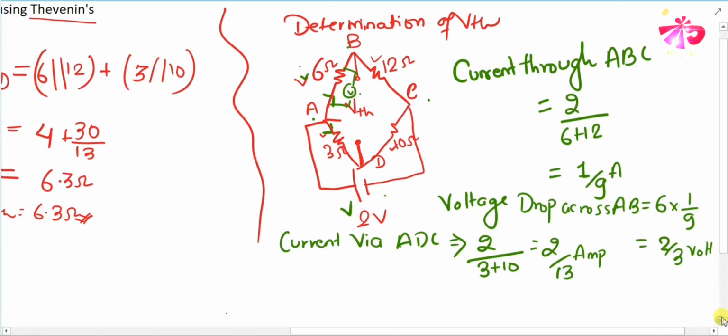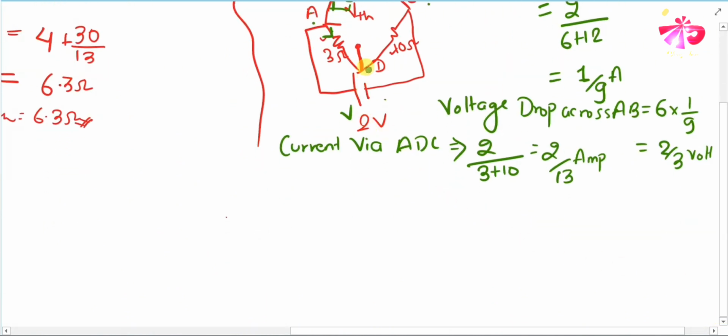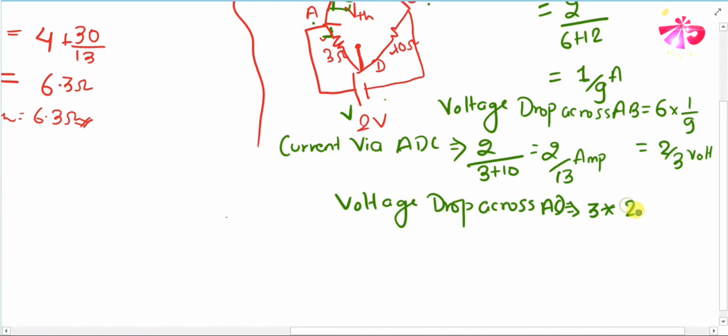After identifying the value of current, you can again identify the voltage drop across AD. Similar concept, R into I. R is 3, into I is 2 upon 13, which means 6 upon 13.